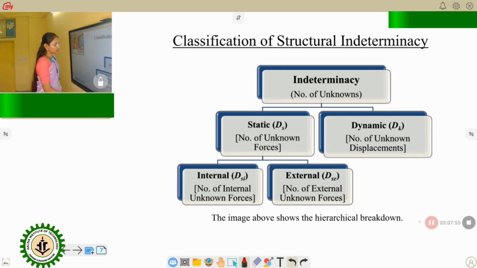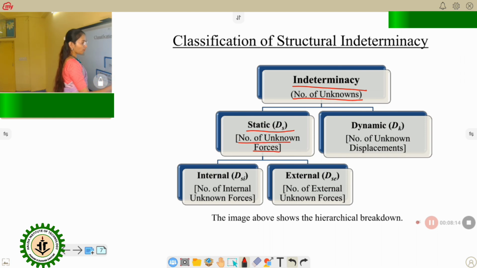We can also see the hierarchical breakdown of the types of indeterminacy and its differences. Indeterminacy is nothing but the number of unknowns, where the unknown is either a force or a displacement. Now, what is static? Static indeterminacy is the number of unknown forces, whereas kinematic indeterminacy is the number of unknown displacements.